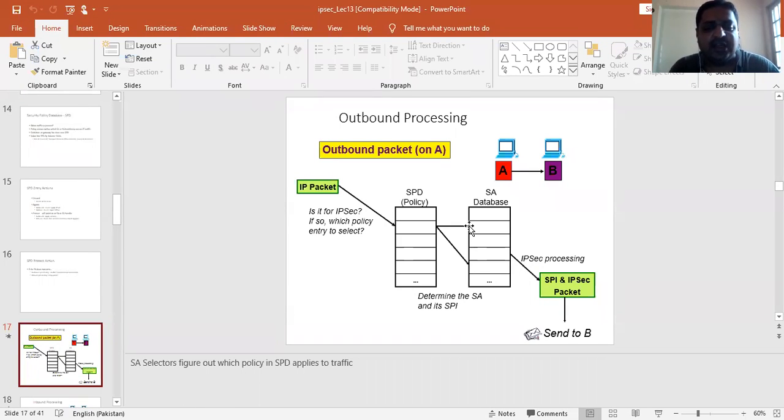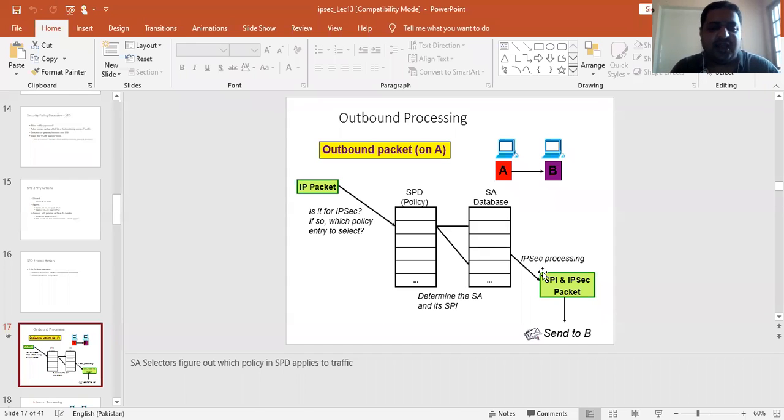That is attached with the security association database. So in this way, we are defining different policies which are listed in the security policy database, which is attached with the database that contains other information about the packet, and then it is attached with the packet, which provides the security to the data.